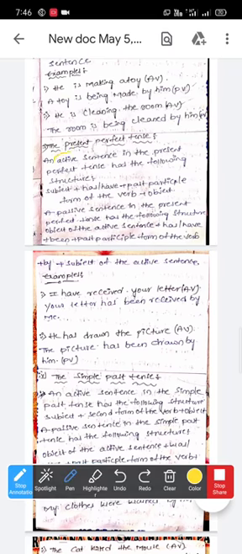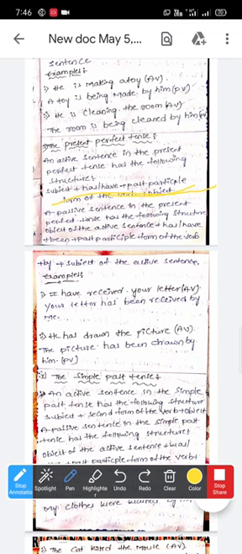An active sentence in the present perfect tense has the following structure: subject plus has/have plus past participle form of the verb plus object. The form of the verb "has/have" is maintained in the examples.